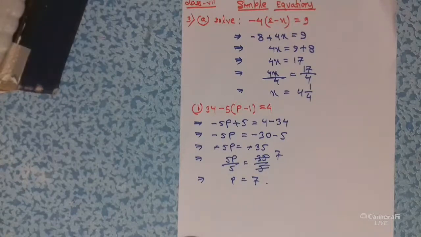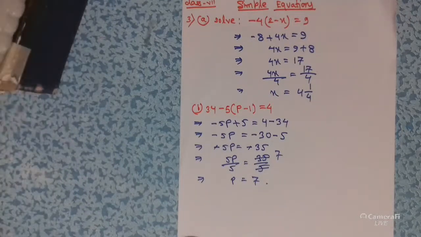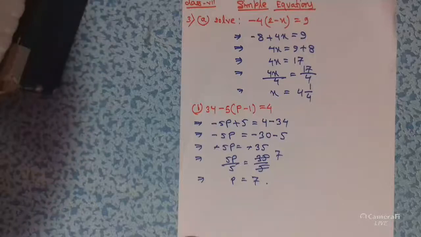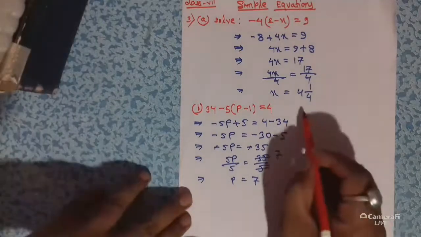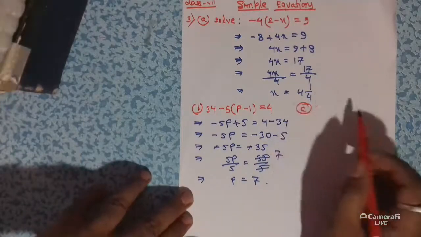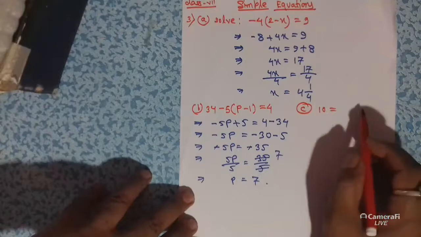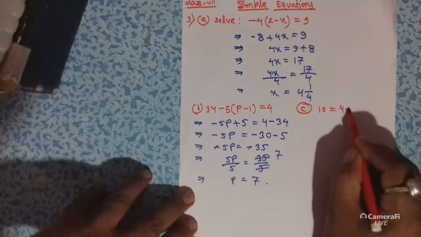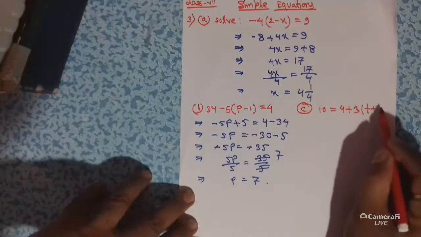Now I can see that every student has sent that p is equals to 7. Okay, no doubt. So let's continue. Our next problem, problem number C: 10 is equals to 4 plus 3 into t plus 2.